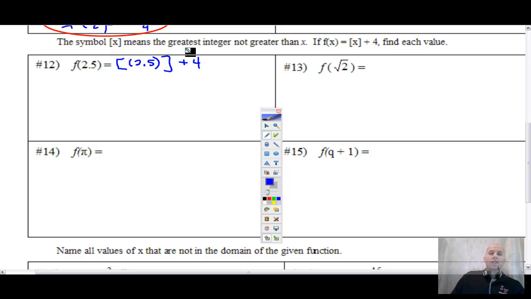The greatest integer not greater than means to round down to the closest integer if the number you're given is not an integer. 2.5 is not an integer. On a number line, the closest integer on the left is 2. Once you round down, you no longer write the brackets. 2 plus 4 is 6.